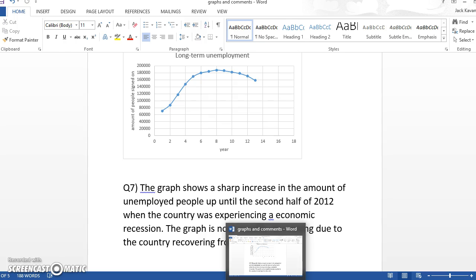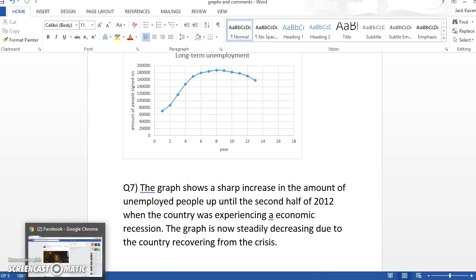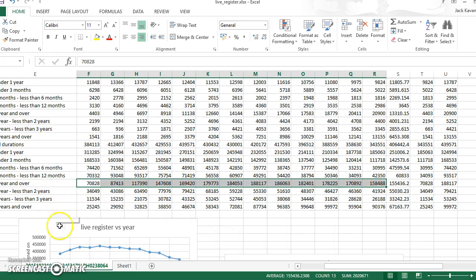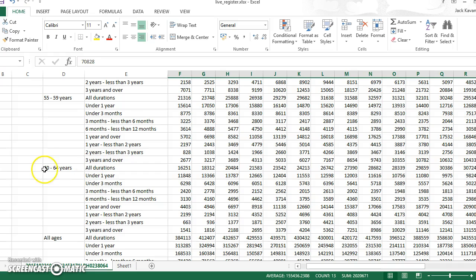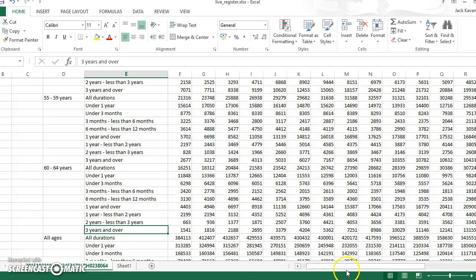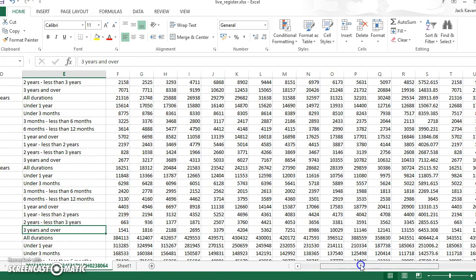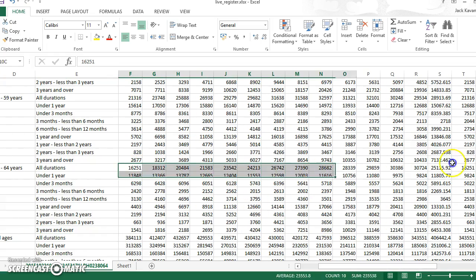That is everything. Another thing to do is just a graph of all the people who are coming up to pensions, which would be this data here.